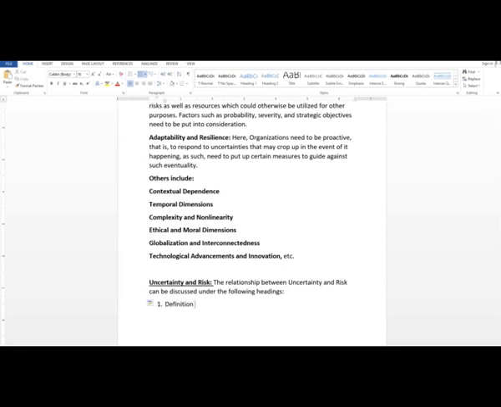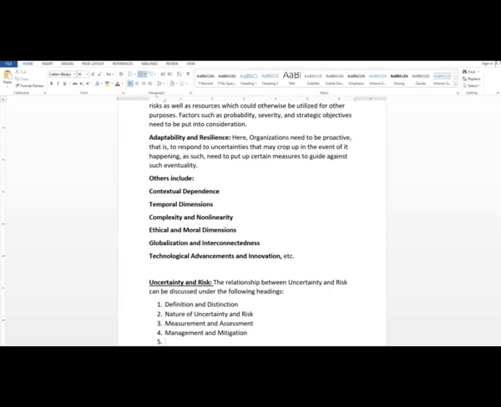Have the definition and distinction. Nature of uncertainty and risk. We have the measurement and assessment. We have the management and mitigation.